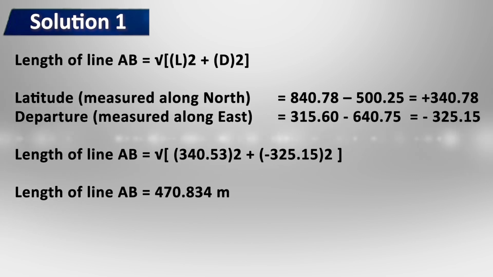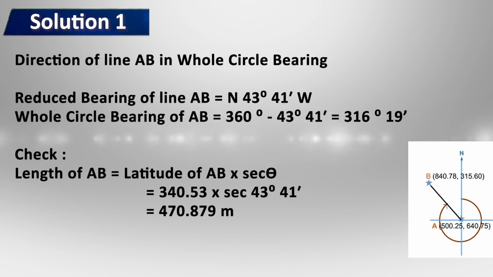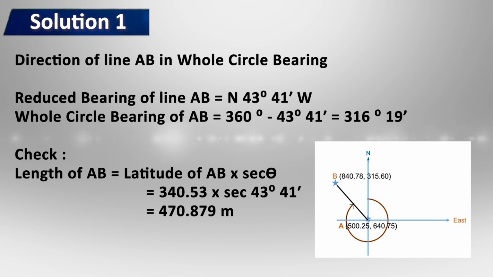The length works out to be 470.834 meters. Now when we draw the meridian at point A and draw the line AB, it will be inclined at 43 degrees 41 minutes from north towards the west. The reduced bearing of the line, as we have seen, is north 43 degrees 41 minutes west.